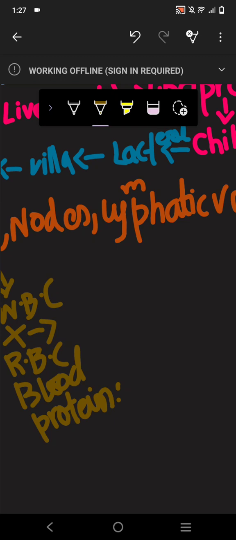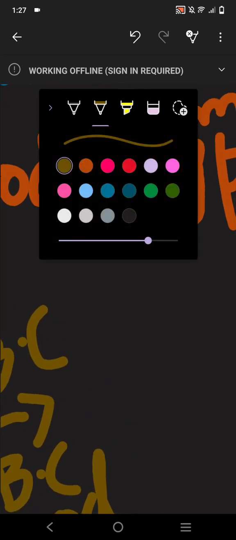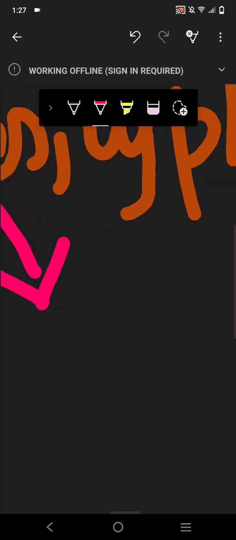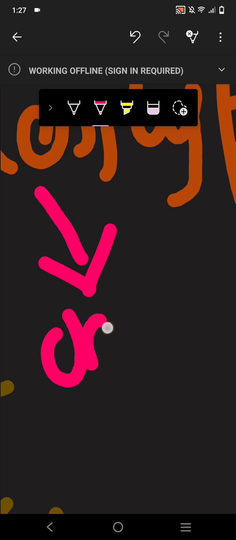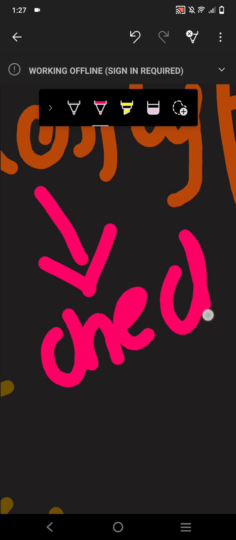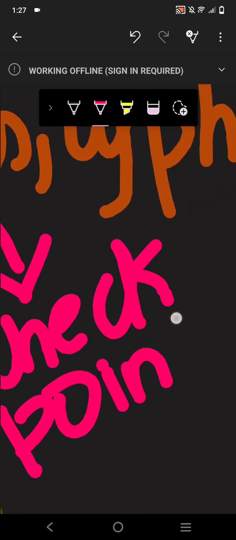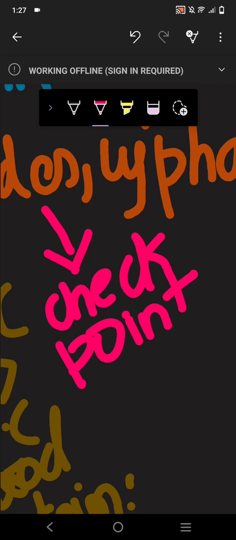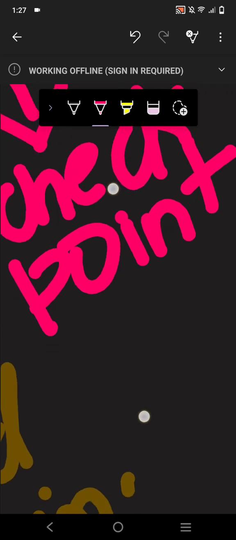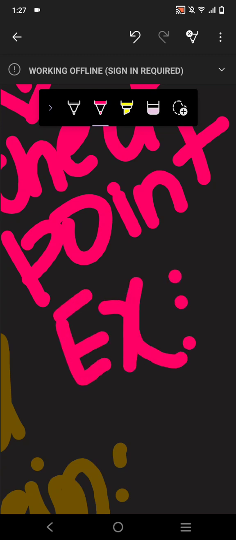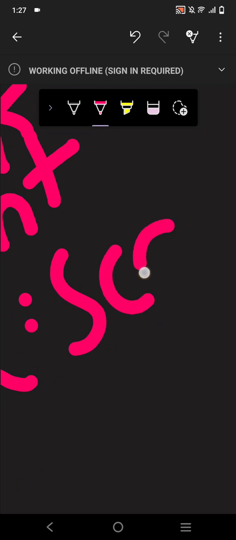Now talking about the nodes, what are these nodes? Nodes are basically checkpoints, as I told you initially. The function of these nodes is that when the lymph is flowing, the nodes scan the lymph.